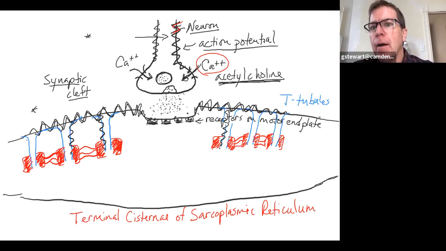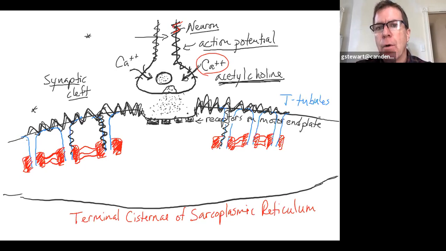The binding of acetylcholine actually causes a new action potential, an electrical impulse, to be generated along the surface of the muscle fiber.